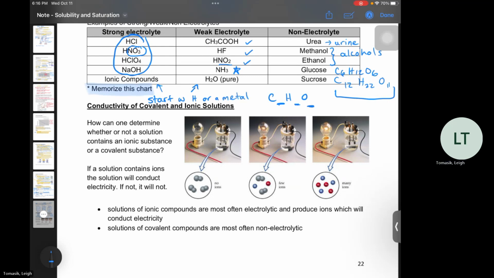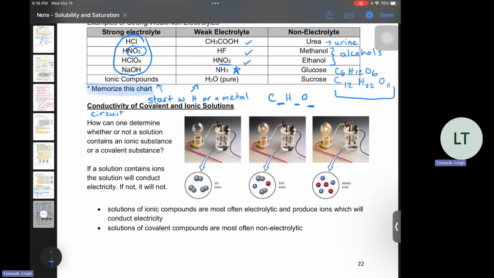Conductivity. So I'm going to try to post a video of this. This is kind of cool. You can tell whether something is an electrolyte solution, a strong electrolyte solution, a weak electrolyte solution, or a non-electrolyte solution by doing a conductivity test, also sometimes called a circuit test.